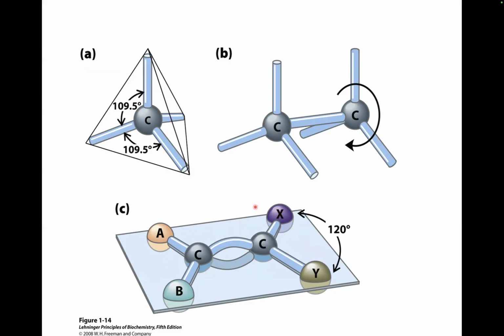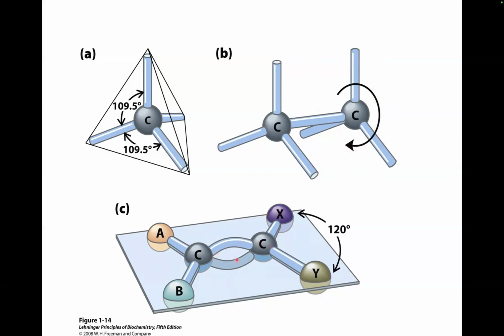And we know that in the carbon-carbon double bond, where you share two pairs of electrons, you also fix a planar shape there. And because you're sharing these two pairs of bonds here, you don't have the freedom of rotation that you do in a carbon single bond.